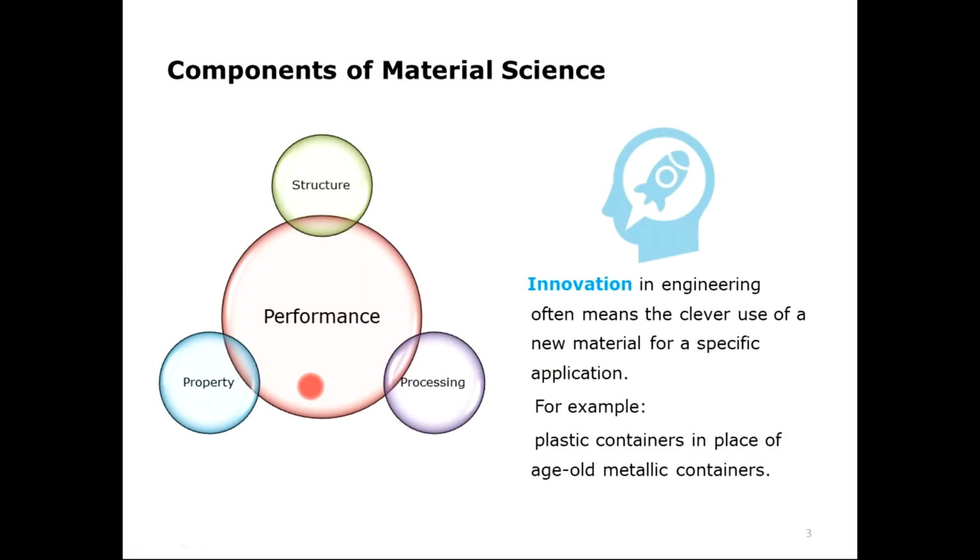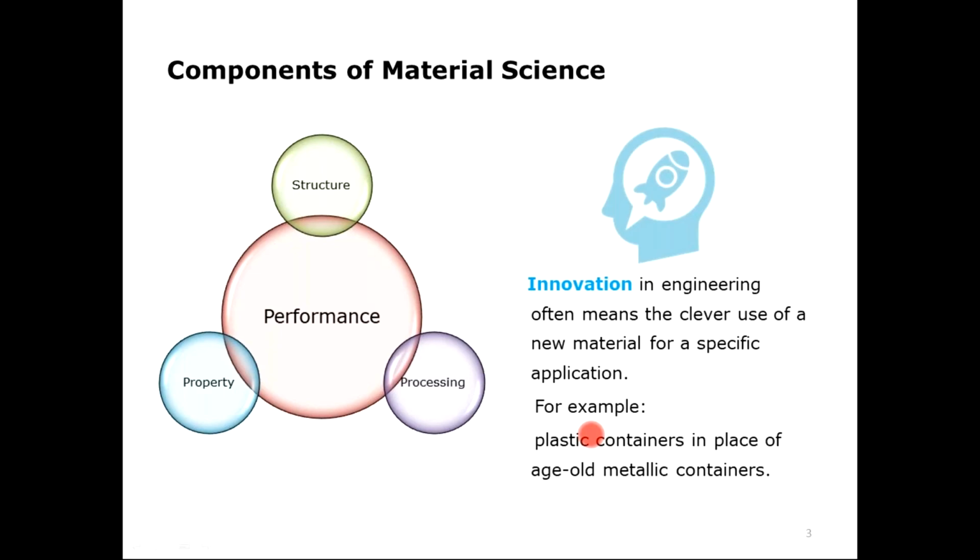A good example of change in materials and properties is the plastic containers which have replaced age-old metallic containers. Nowadays you may observe this in kitchen equipment, kitchen tools. Plastic containers are modified and are replacing the metal containers.